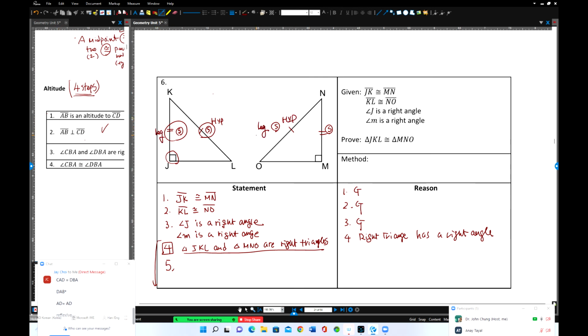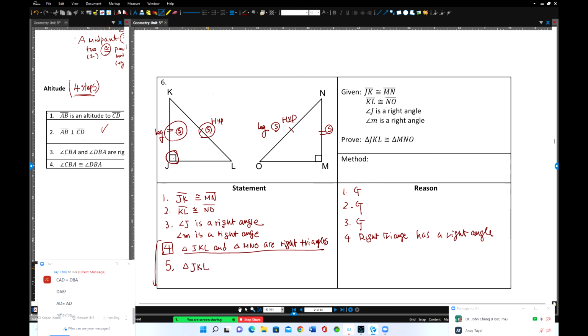But this works only on right triangles. So in this case, we don't say SSA, side, side, angle, because this is a right triangle. It's just hypotenuse leg. We got two already, so you can say these two triangles are congruent.